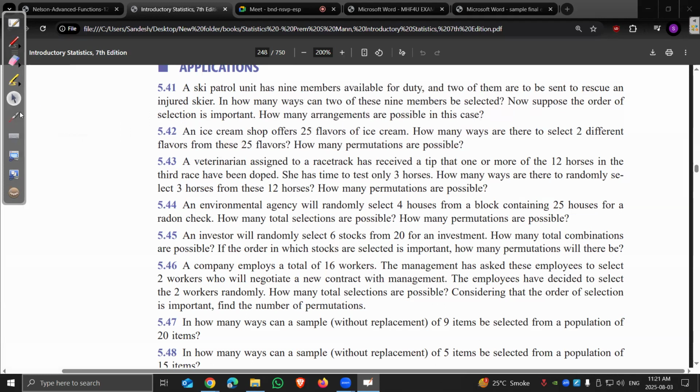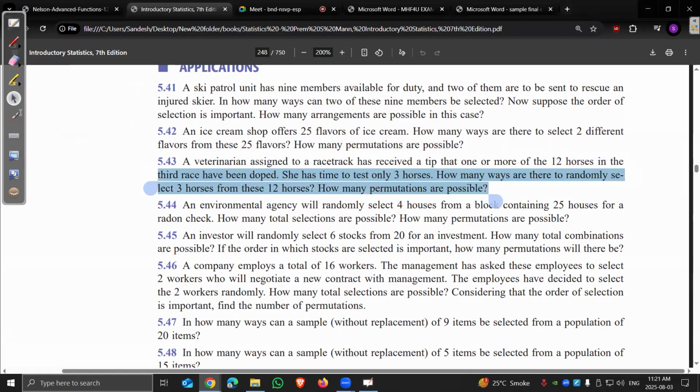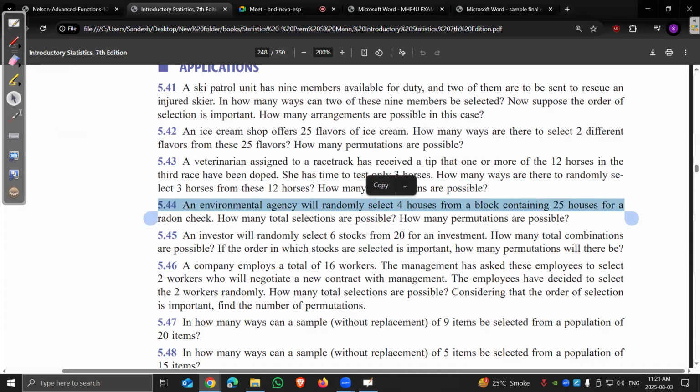That would be combinations. The next one, we have 12 horses. We have to pick 3. And again, this is very simple. It's going to be combinations. An agency wants to select 4 houses from 25. That's going to be combinations because nowhere does it imply any order.